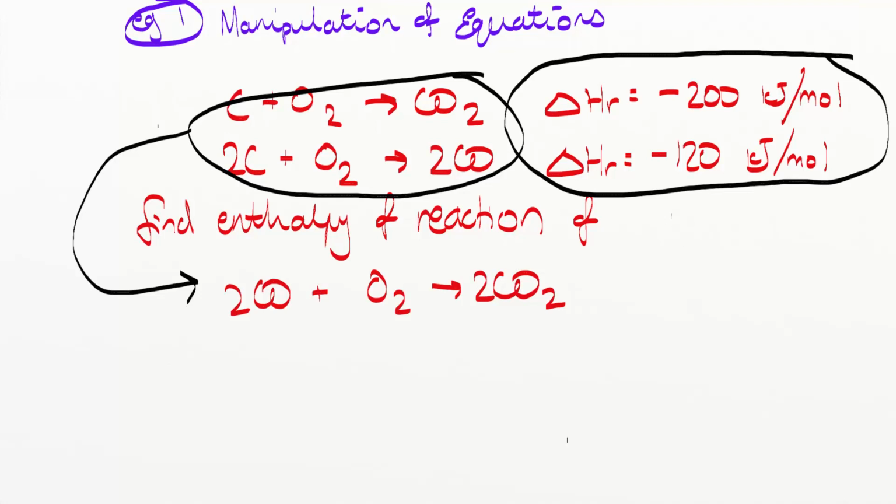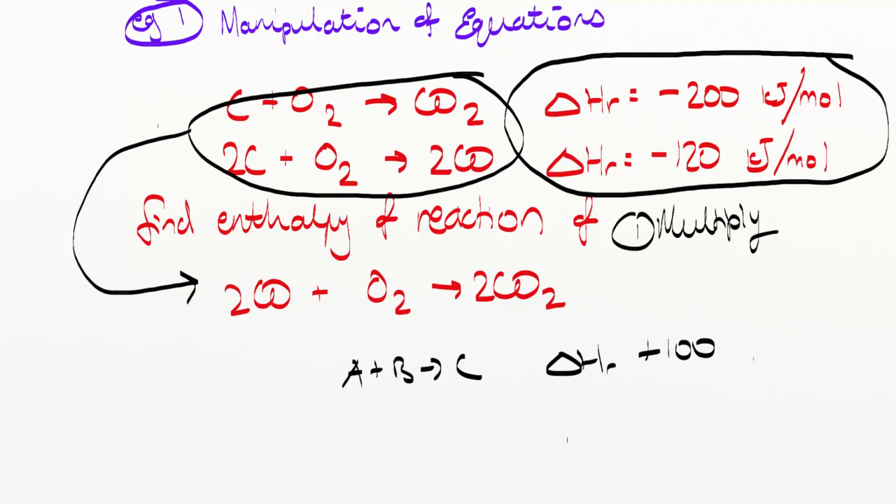When we manipulate equations, we can do three things. We can multiply by a particular value. For example, if I had A plus B forms C, and the delta HR was, let's say, plus 100 kilojoules per mole, what we could do is turn this into 2A plus 2B forms 2C, or 3A, 3B, 3C, 4A, whatever number you want.